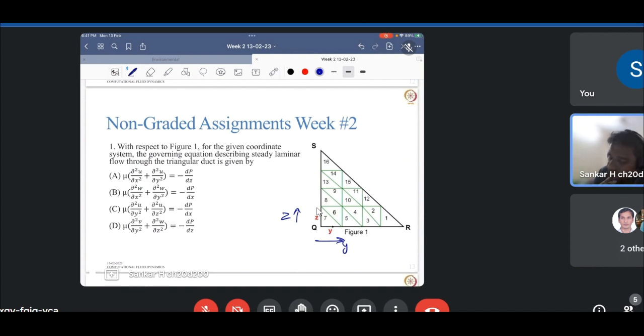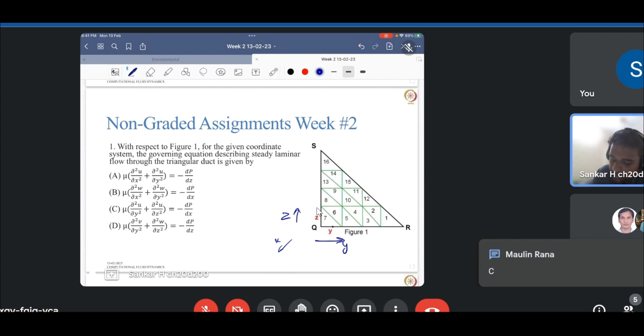What we can see is that the x-axis is the flow direction. In this case, you have to assume that there is no flow like this, or like this. There is only flow through the triangular patch. Yes, that answer is correct here.